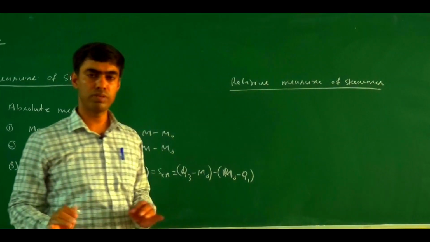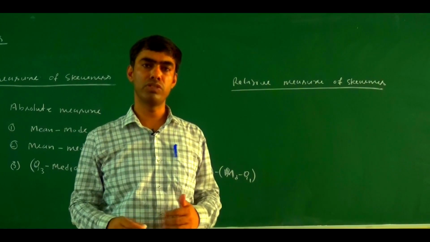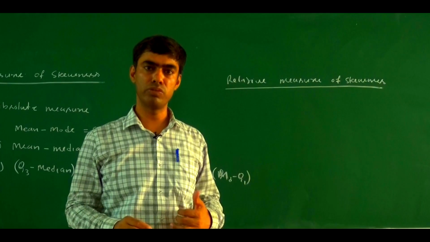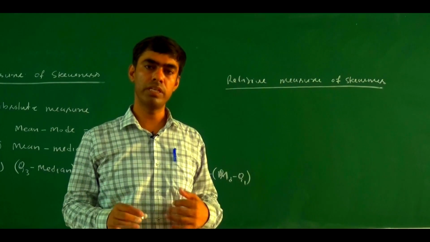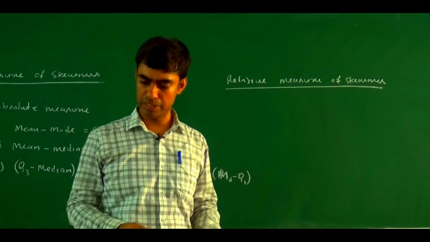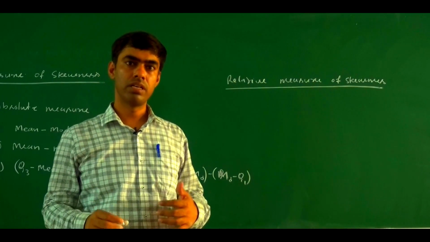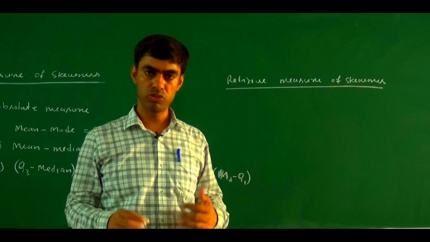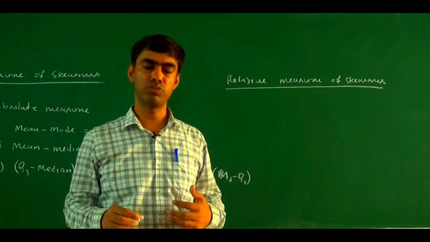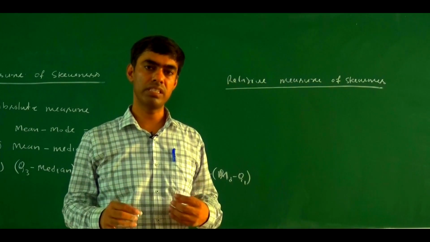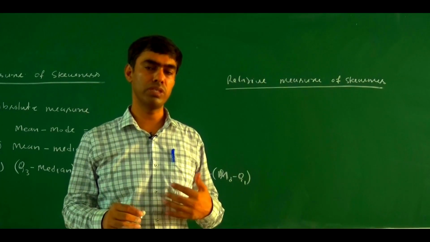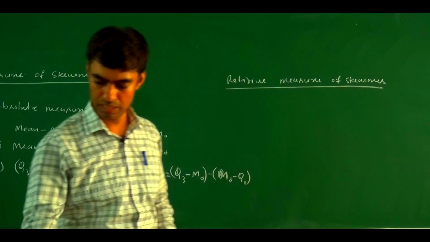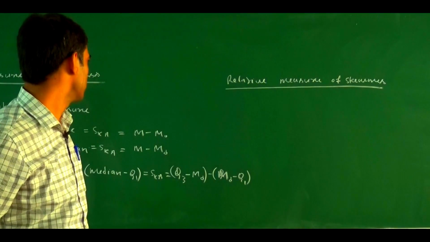There are three popular relative measures of skewness. The first one is Karl Pearson's coefficient of skewness. The second one is Bowley's coefficient of skewness. And the third one is the coefficient of skewness based on moments. First we discuss Karl Pearson's coefficient, then Bowley's coefficient, then the coefficient based on moments. One by one we discuss these.